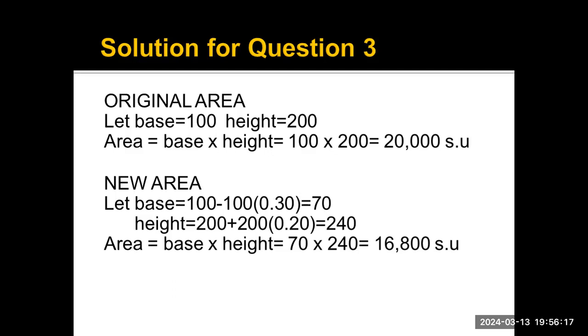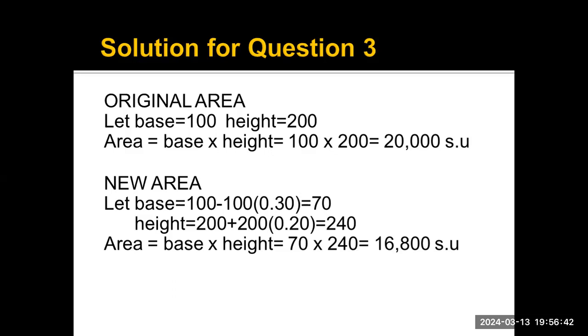So I'm now computing the original area using my arbitrary values. My original area is 20,000 square units. Now for the new area, this is the result of the decreasing and increasing. According to the problem, the base is decreased by 30%.